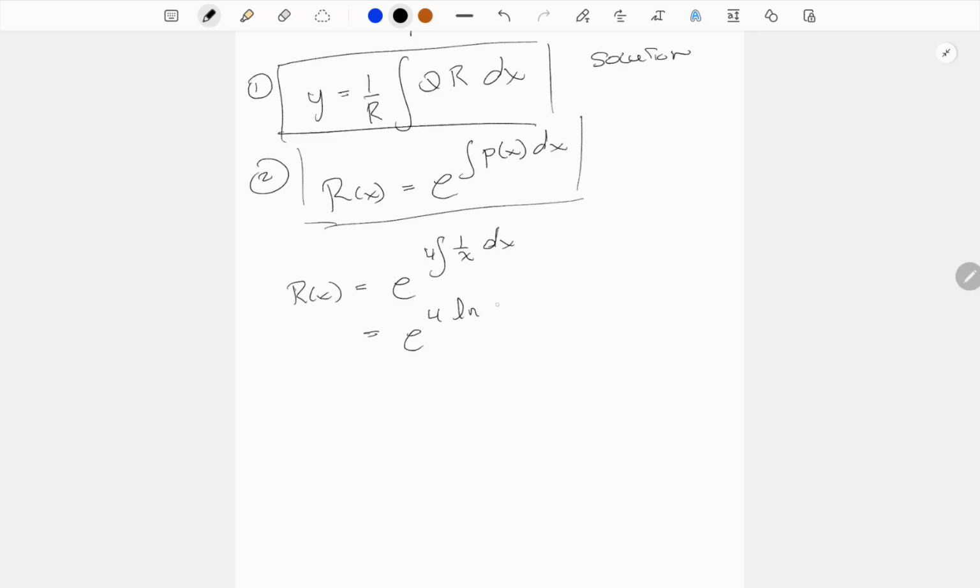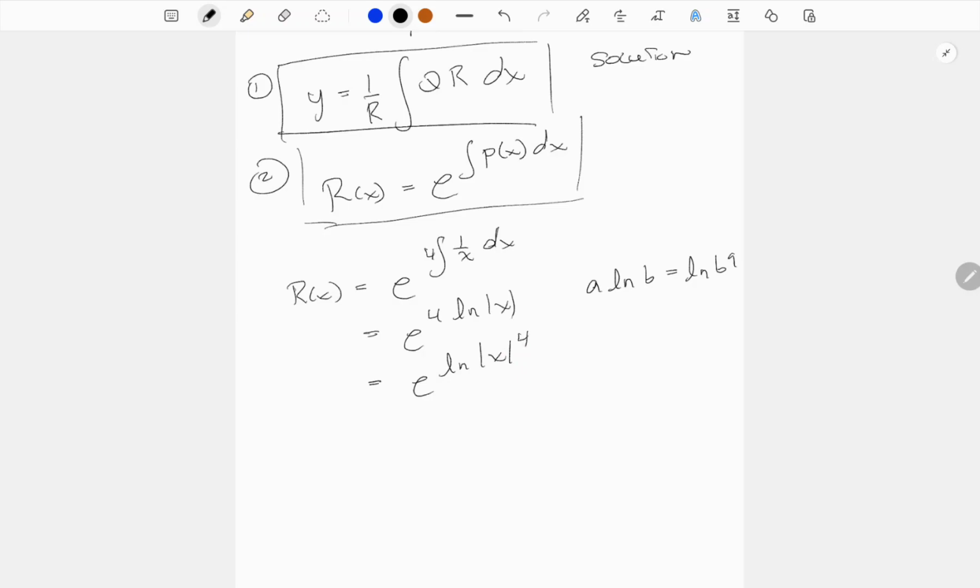So this is e to the 4 ln of x. Well, a ln of b is equal to ln of b to the a, and I need that. So this is the same thing as e to the ln of x to the 4.